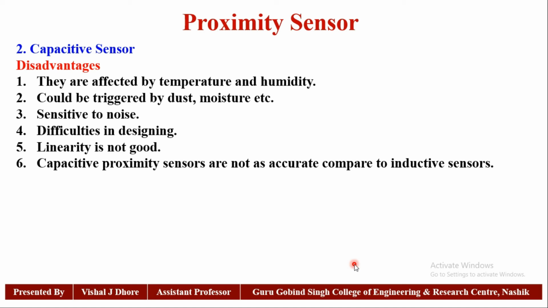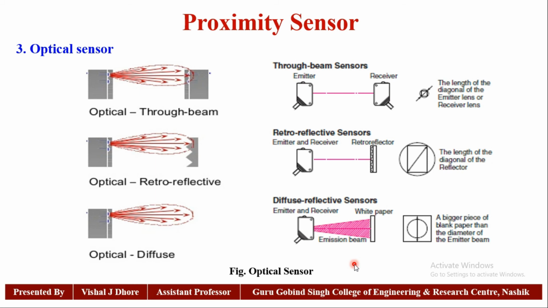Now let's talk about the third type, the optical sensor. This is the diagram of an optical sensor, showing how it works. A sensor that uses a light source and a light detector is called an optical sensor. An optical sensor that is used for detecting the presence of an object is called an optical proximity sensor.